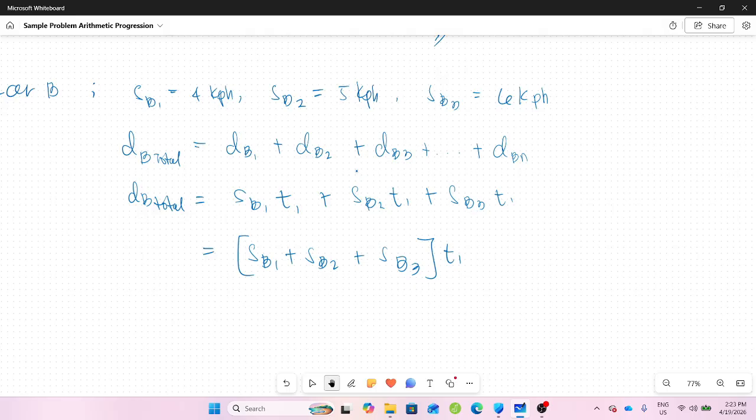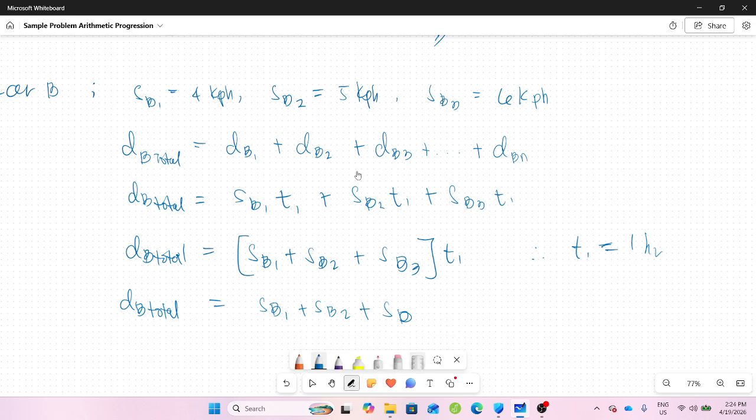Since T1 here is just 1 hour, we could further simplify this equation to SB1 plus SB2 plus SB3, because T1 here is just 1.